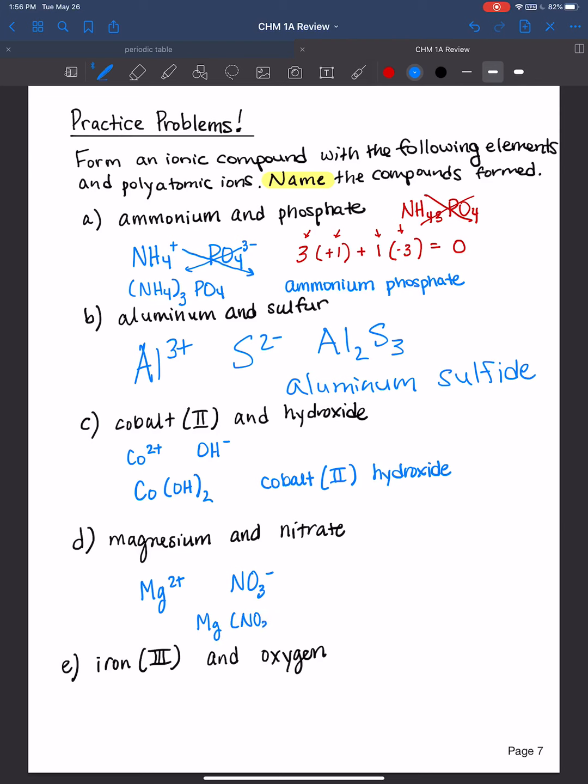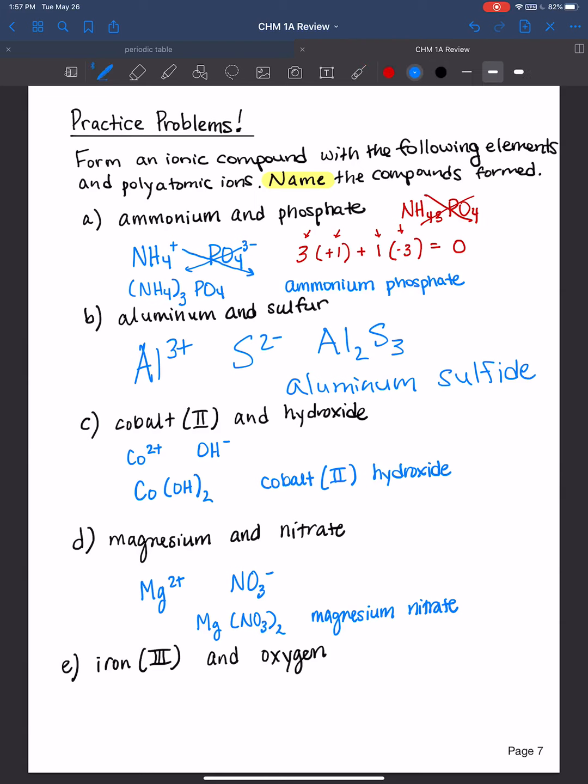And nitrates, we have 2, right? And therefore, what would the full name be? Magnesium nitrate. You do not need to include a Roman numeral because magnesium never changes its charge. It's always a +2 cation.